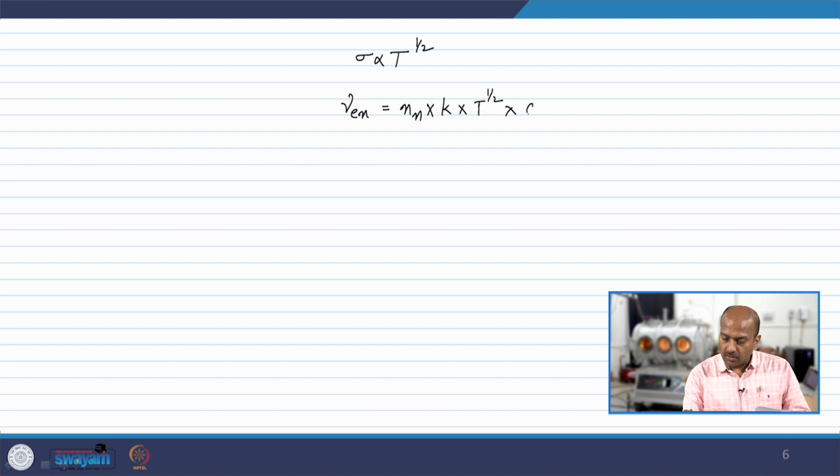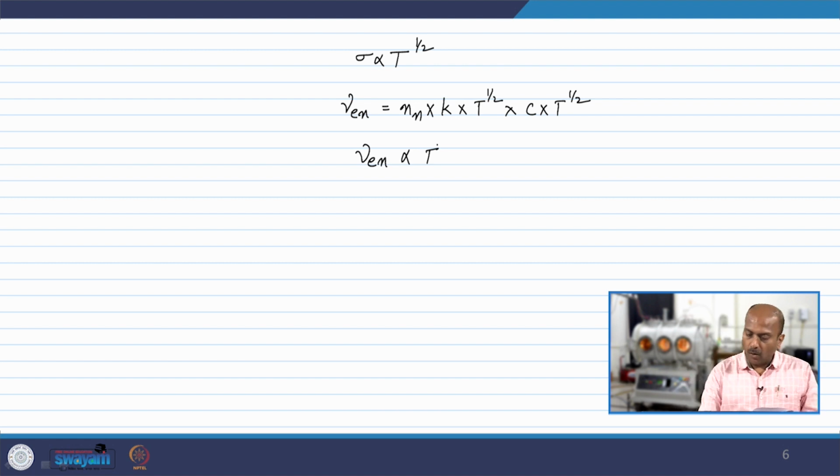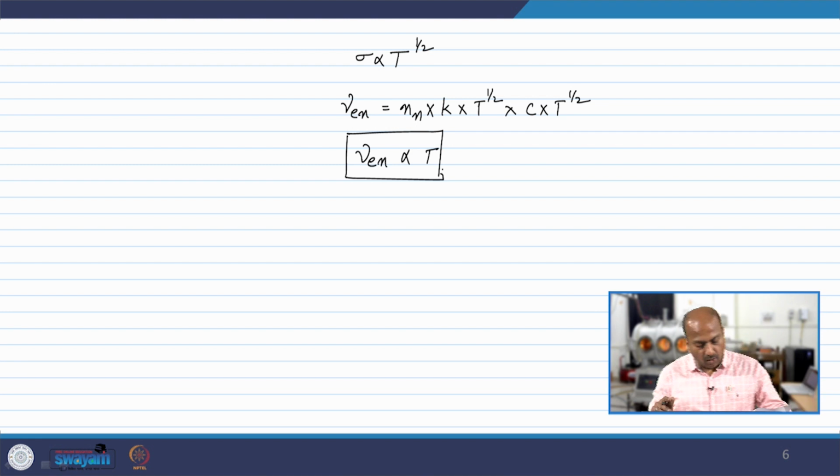Sigma is again a constant times T to the power of half. So, the collisional cross section of electrons with the neutral species is going to be proportional to the temperature, or the collisional cross section is proportional to the energy of the electron, right. So, this is the most important point.